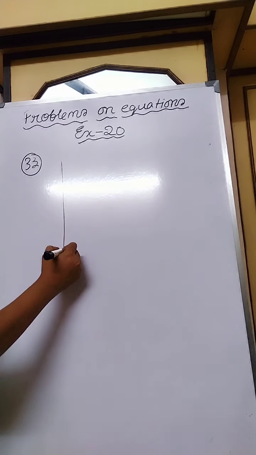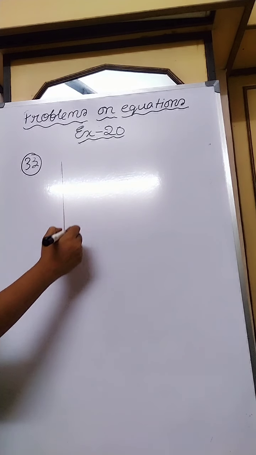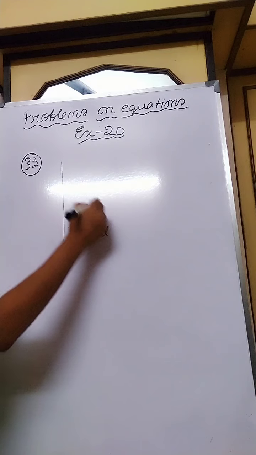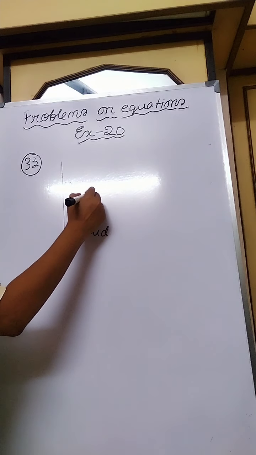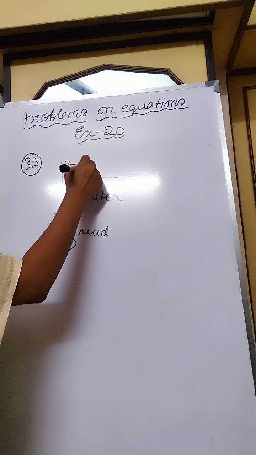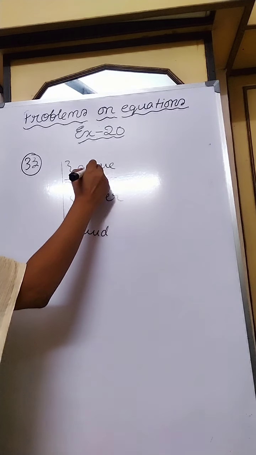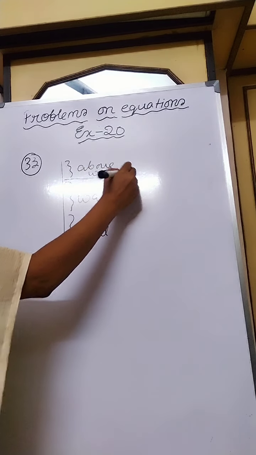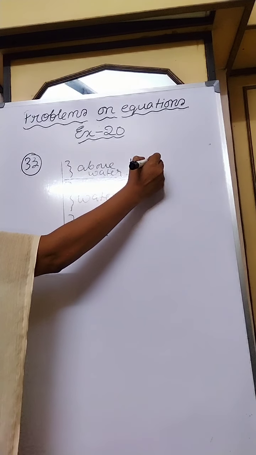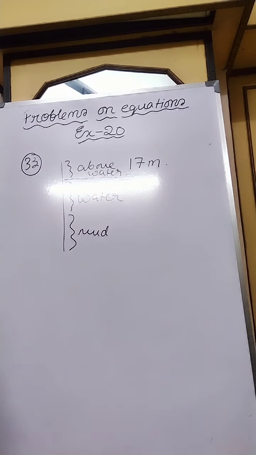Suppose this is a bamboo, some portion is within the mud, some portion is within the water, and some portion is above water. This is above water. You have to find the total length. The above water portion is given as 17 meter.